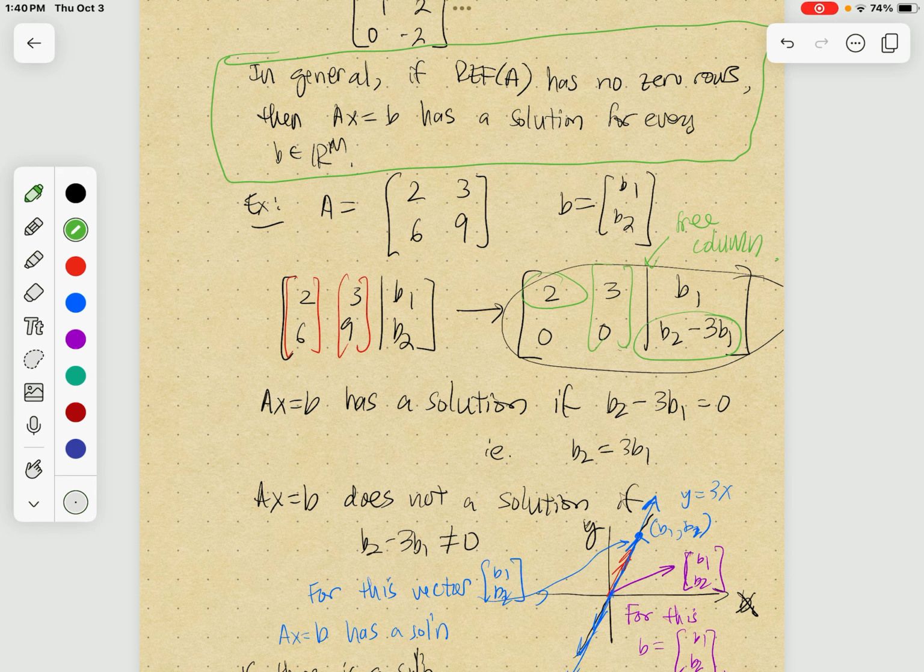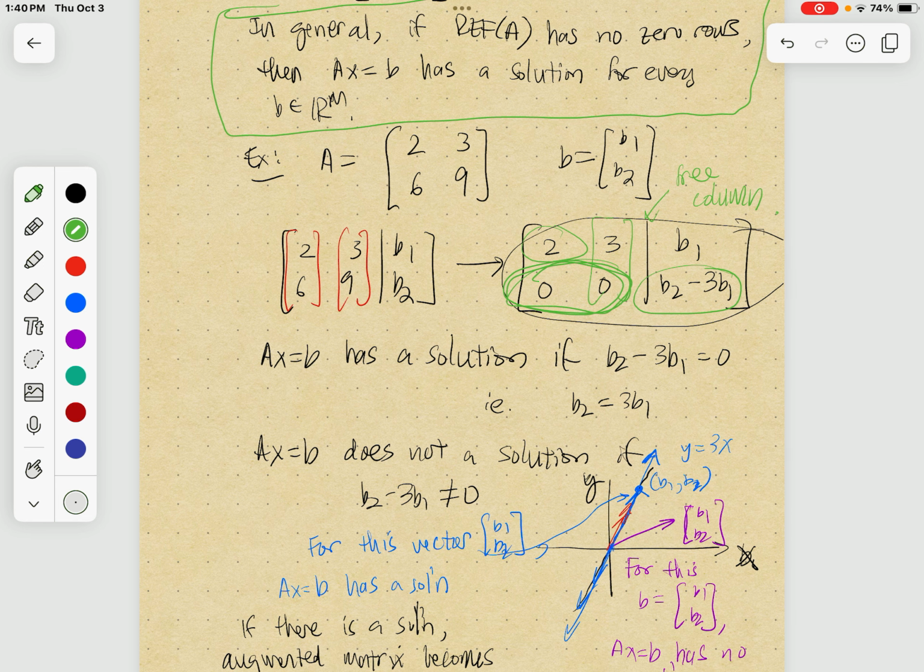In contrast, there's this matrix where the echelon form of A does have a row of zeros, and then it's going to depend on your individual B. There are going to be some linear combinations of the columns of A that will give you B, but then there are going to be some B's that are not linear combinations of the columns of A, and for those B's, AX equals B won't have a solution. Okay, thanks.